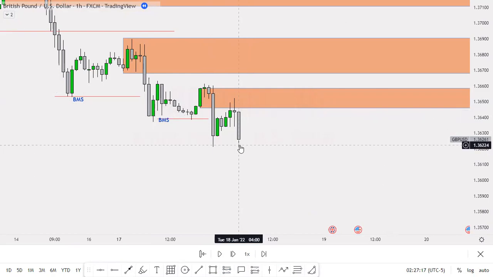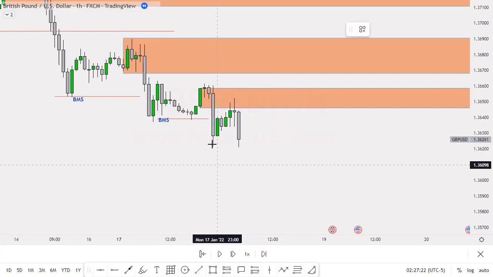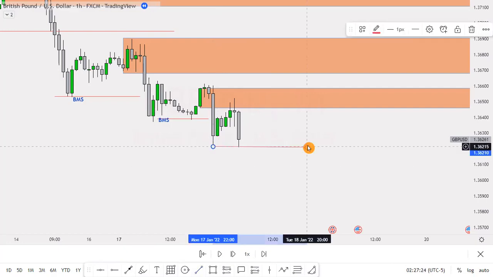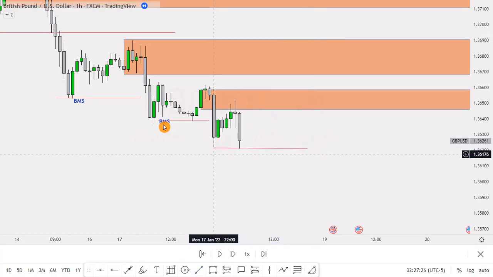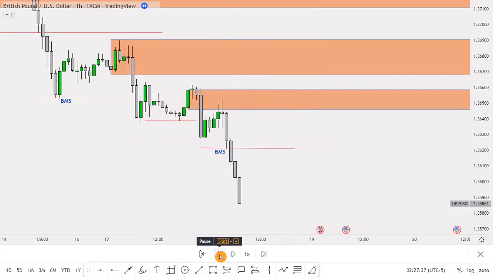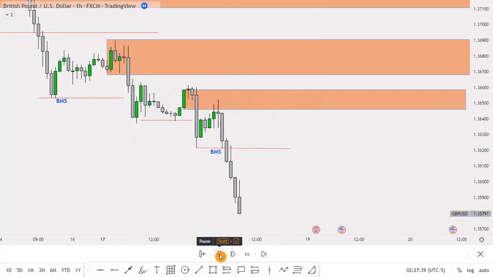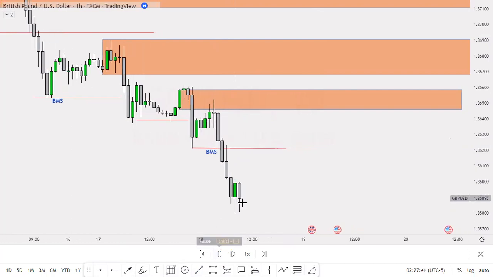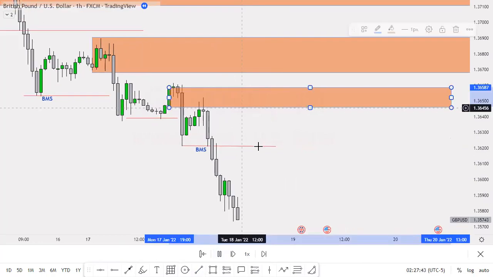Now what we are going to do is just wait for a break of market structure here, and a break of market structure here, and the retracement. So we are going to wait and see what happens. Now we are going to see if we can clearly see a retracement here.